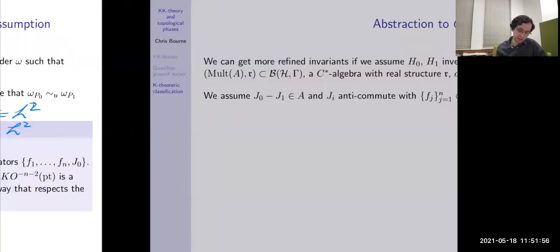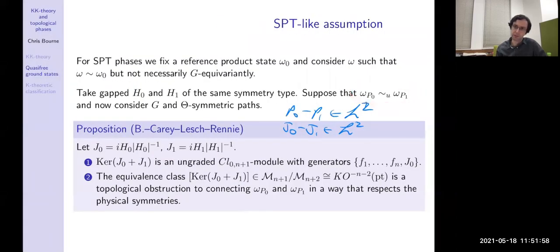Even though the BdG Hamiltonians can just be in B of H, they're close enough that one is a compact perturbation of the other. Good, thank you. It's a relative classification, I should have emphasized that. There's always a base point, or a pair, and you're just looking at the relative invariant.